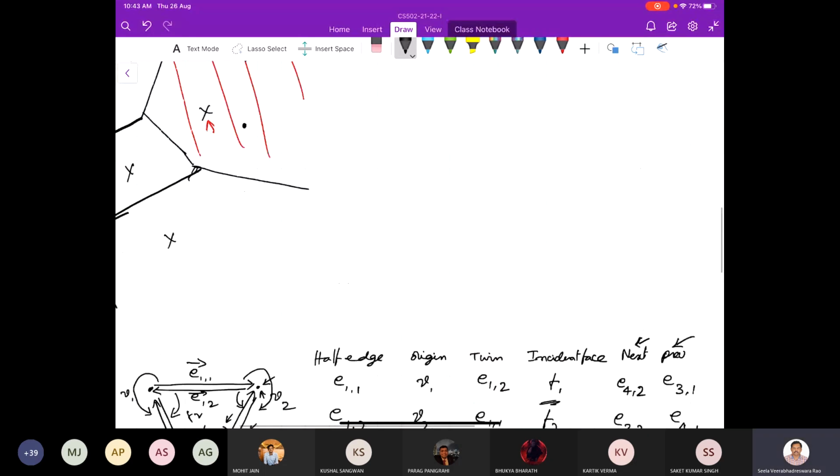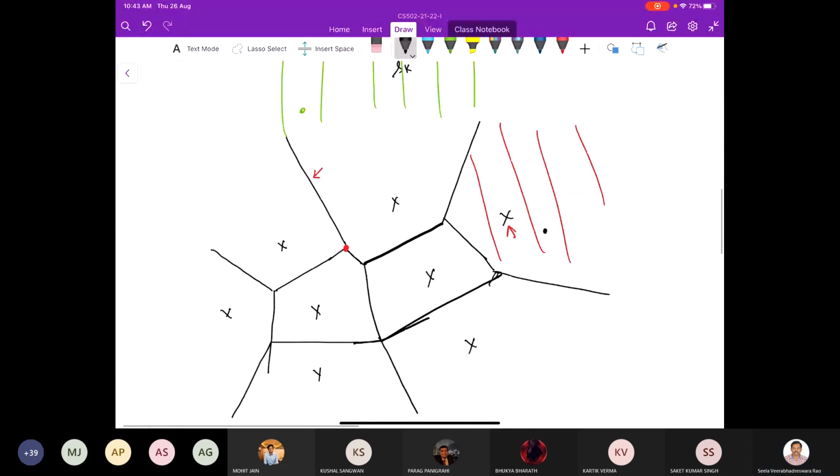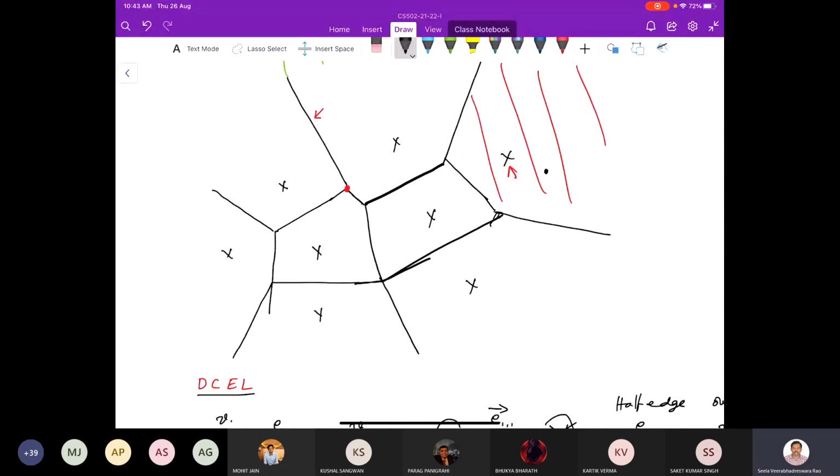For example, look at this Voronoi diagram itself. Suppose this diagram is stored in a doubly connected edge list. What type of information do we generally want?